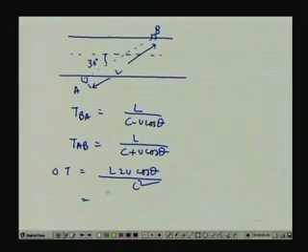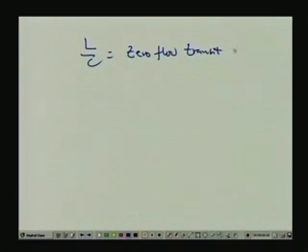So, this we can write 2V cos theta by C into L by C. So, L by C is the zero flow transit time, that means when there is no flow, transit time equal to T naught.